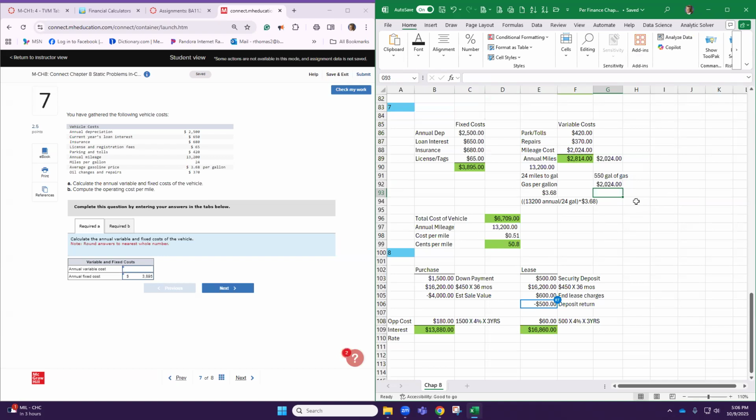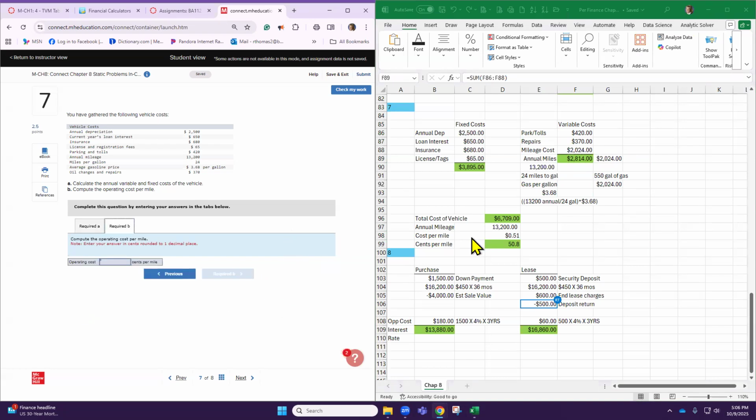I can roll that all into one formula: the annual mileage divided by the miles per gallon, which is the 550, and then that times $3.68. So that becomes your mileage cost. Now when you add the three variable pieces together, it is $28.14.